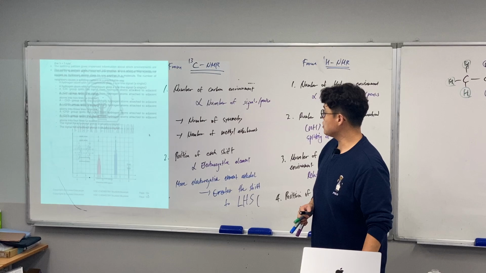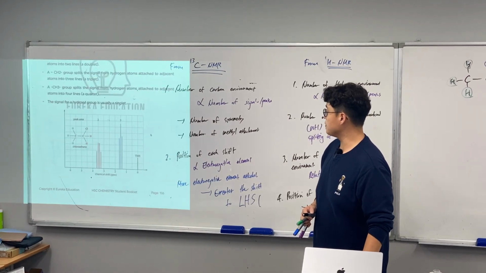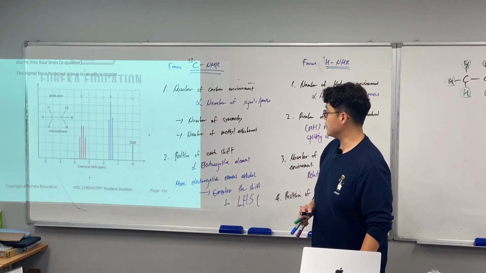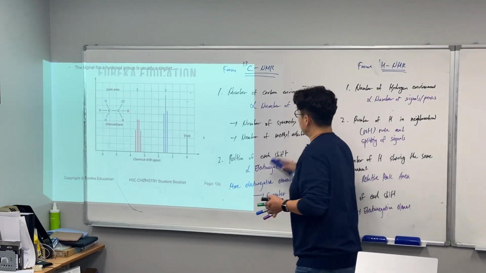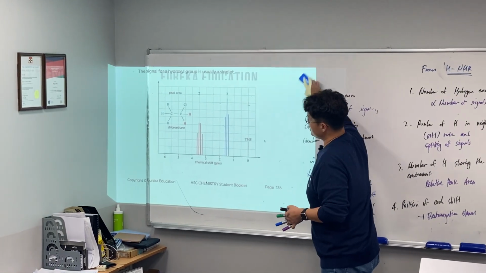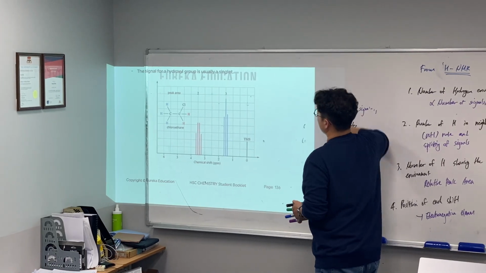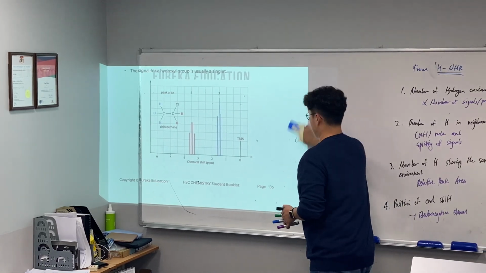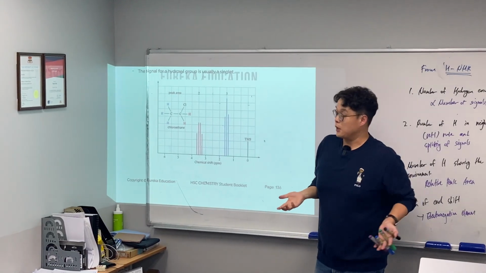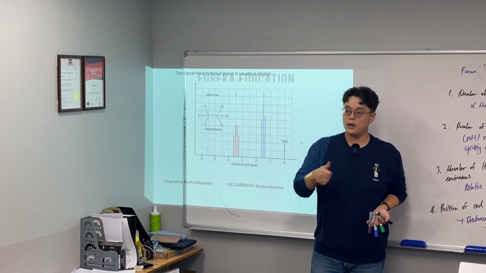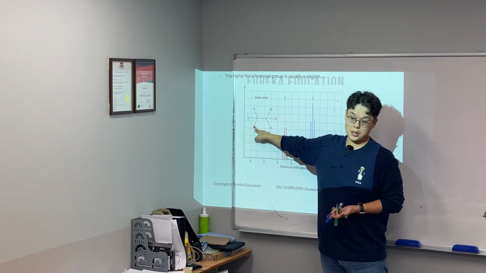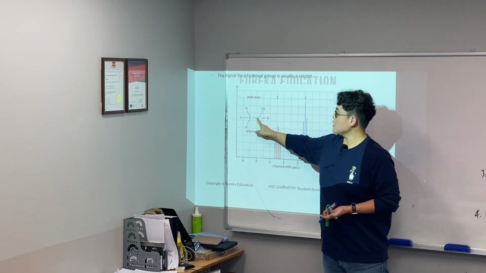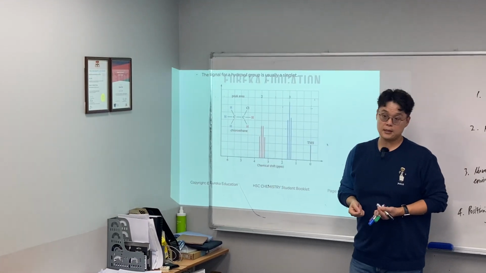For the N+1 rule, page 136 shows the example of chloroethane. As you can see from the structure, chloroethane has 2 hydrogen environments clearly. You've got to look for how many hydrogens are living together. There are 3 hydrogens living together in the blue, and next door there are 2. So it's a completely different hydrogen environment. Make sense?